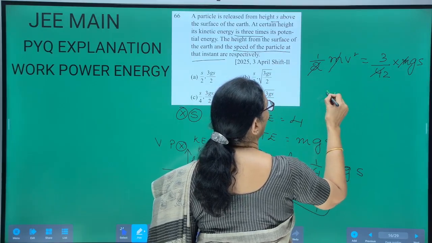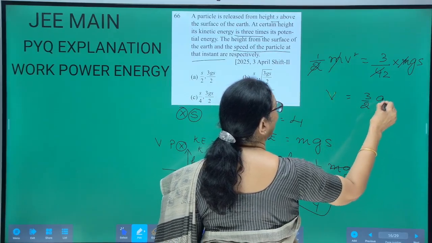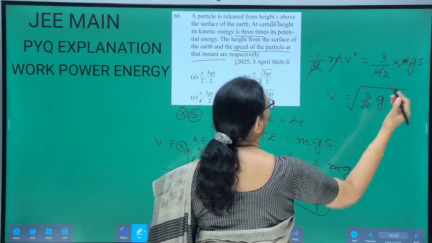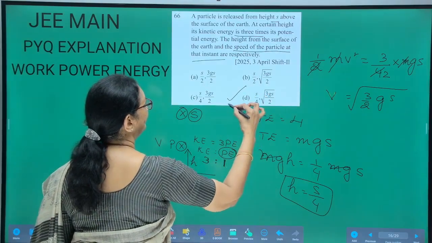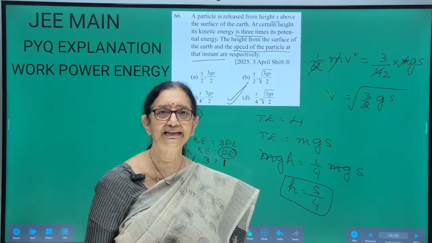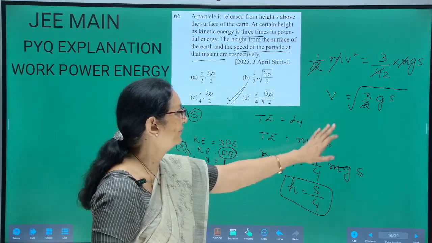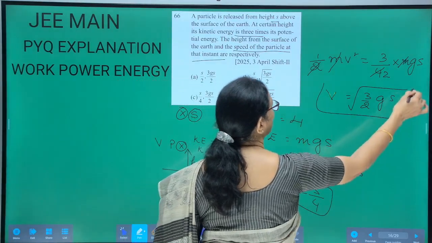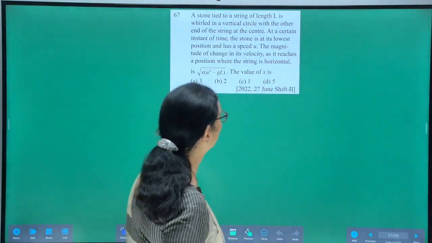So, v square is equal to 3/2 gs, or v is equal to square root of 3/2 gs. So, the perfect answer is: height of that point where KE is 3 times potential energy is S/4, and at that point velocity is square root of 3/2 gs. Go to the next problem.